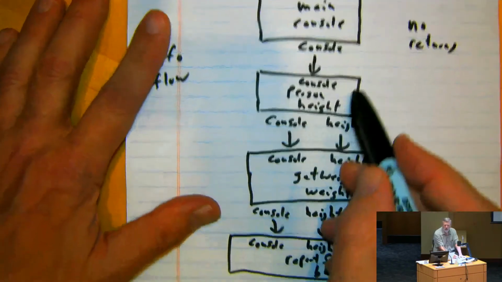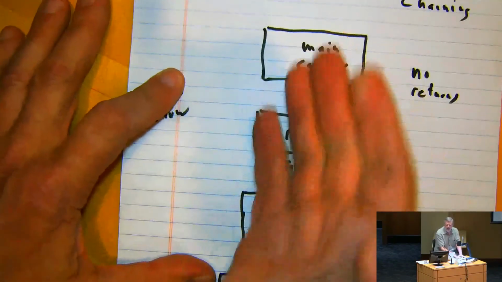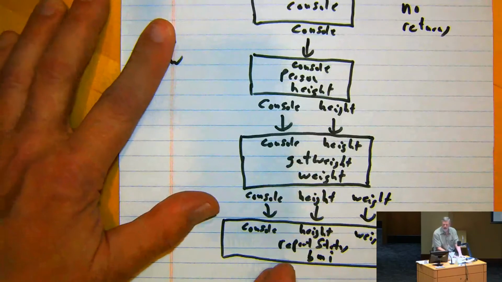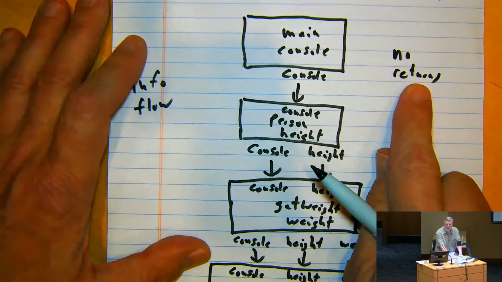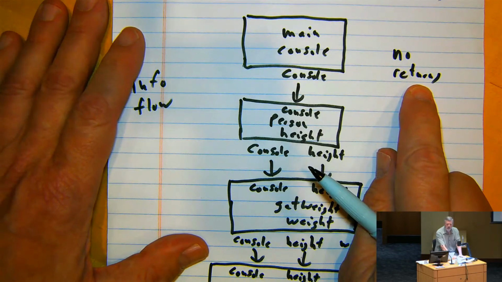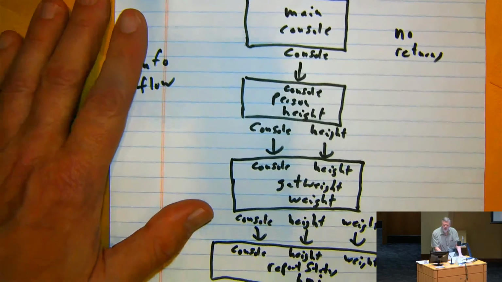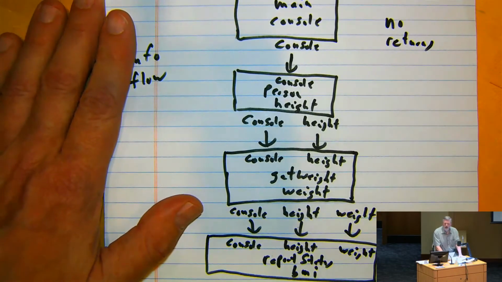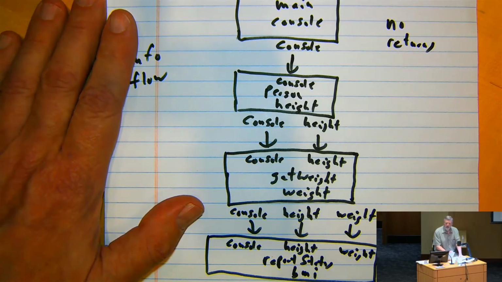And here, all of the information flow is down, down, down. We just pass it down, pass it down, pass it down. So that should be a red flag to you, that if you had something that had no returns to it, that's problematic.